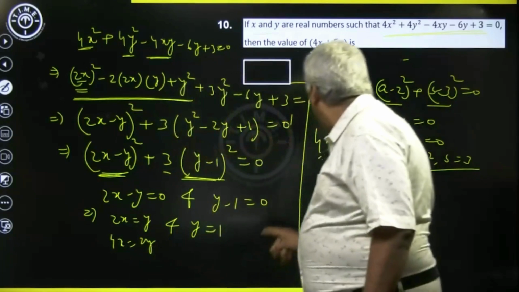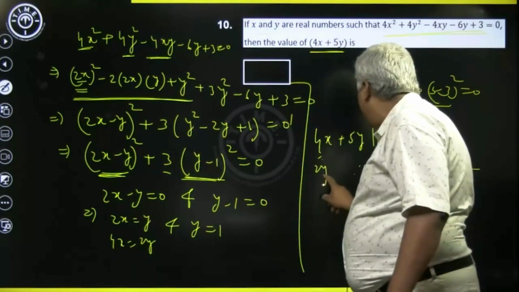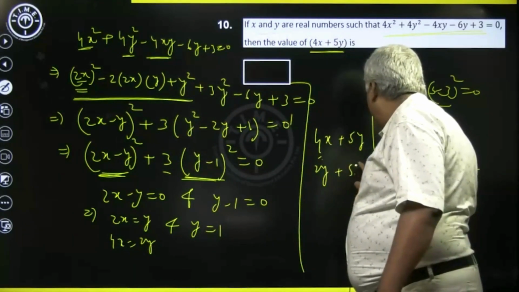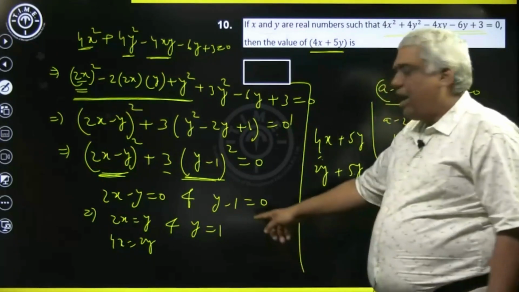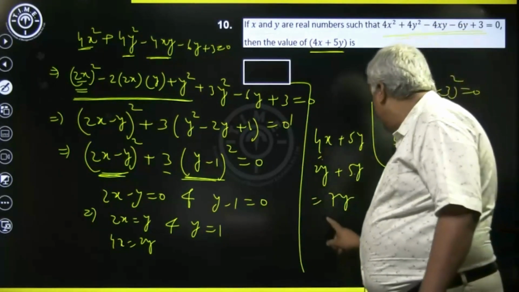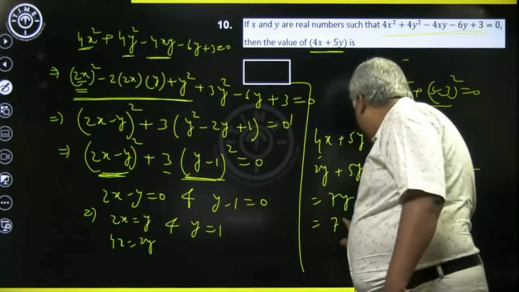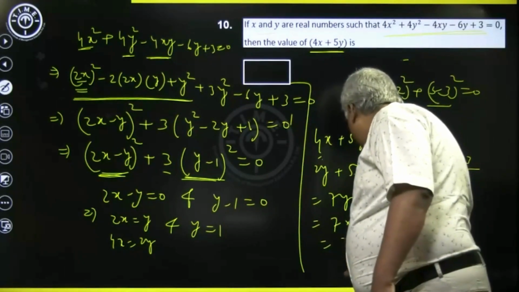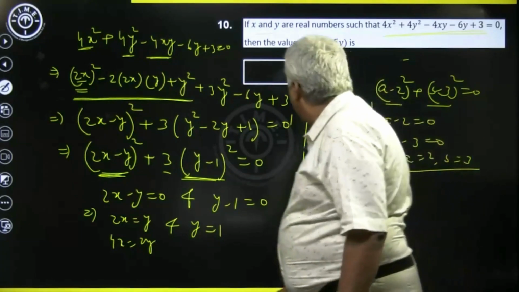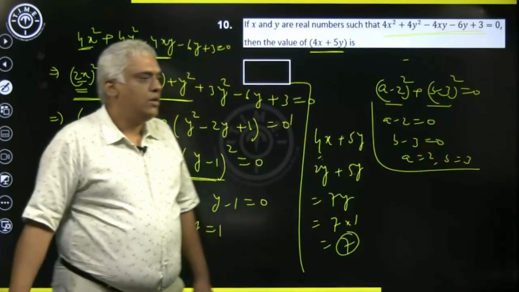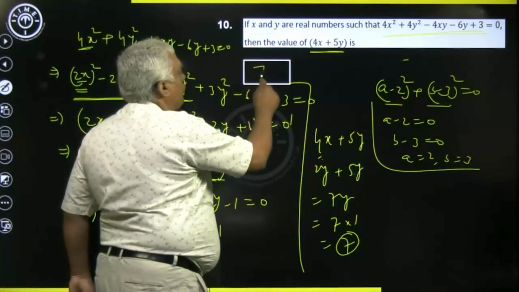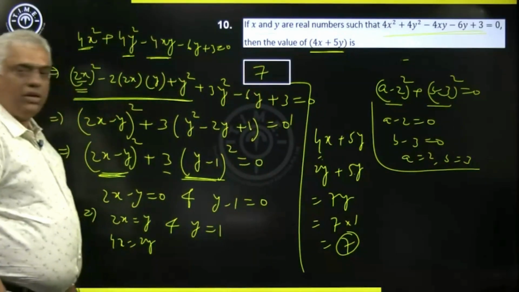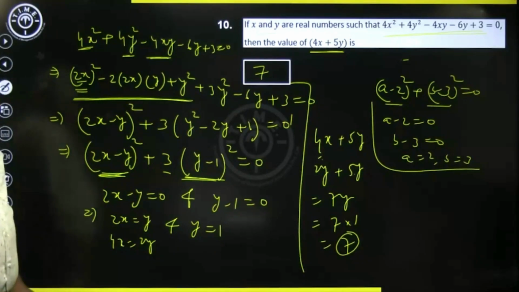So 2y + 5y, so our answer is 7y, right? And what is the value of y? y is 1. So the answer is 7 × 1, which is 7. So 7 is the answer for this question, number 10. So you have to mark answer 7. I hope this is clear.